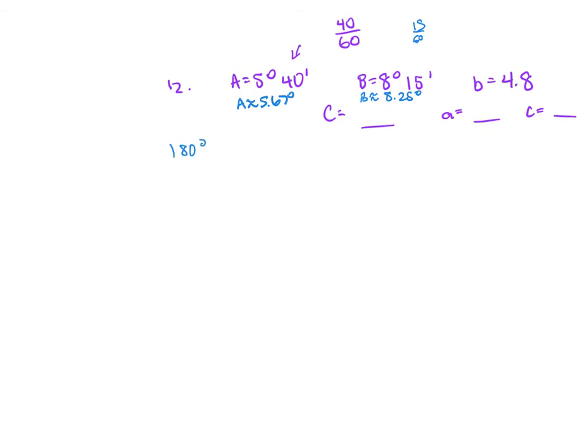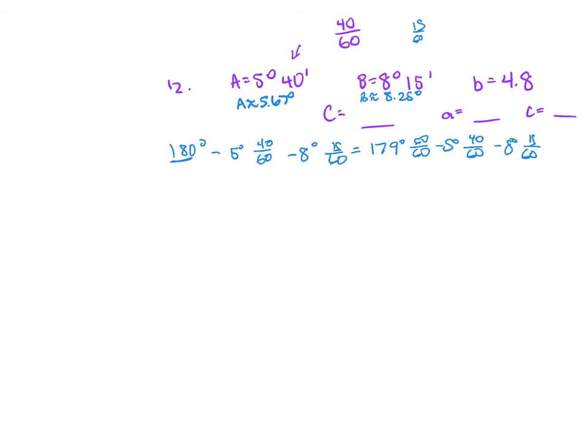So if I want to find C, I take 180 degrees minus 5 degrees and 40 over 60, minus 8 degrees and 15 over 60, and then I subtract. So what I'm going to do is I'm going to change this 180 to 179 degrees and 60 over 60, minus 5 degrees of 40 over 60, and then minus 8 degrees of 15 over 60.